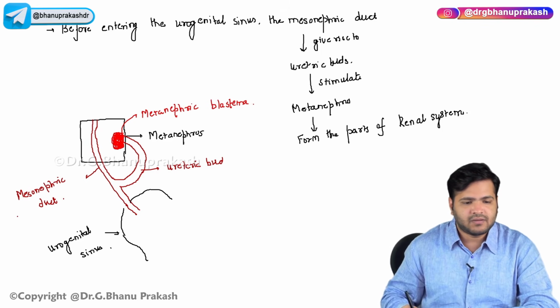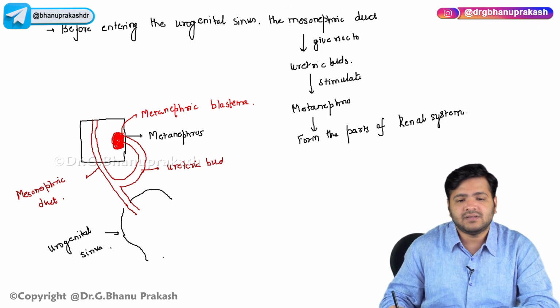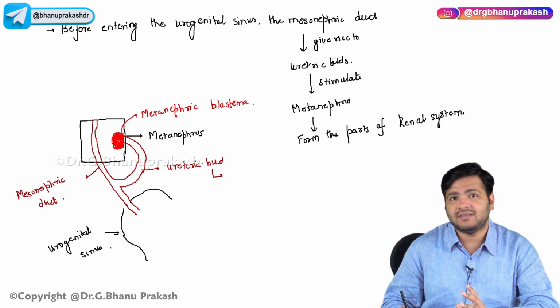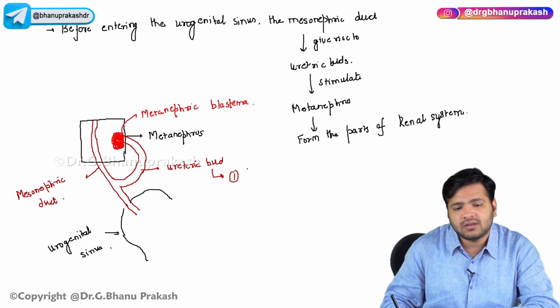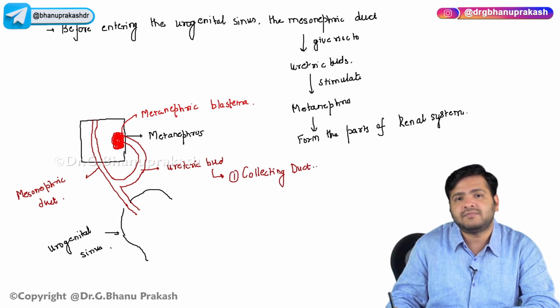Now, what are the structures that are coming from the ureteric bud? Firstly, you already know the basic structural and functional unit of the kidney is the nephron, right? Now, nephrons are made up of various parts. Which parts arise from the ureteric bud? Number one, it is the collecting duct of the nephron.